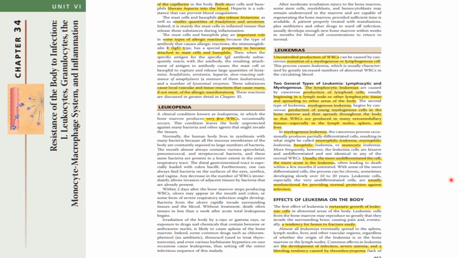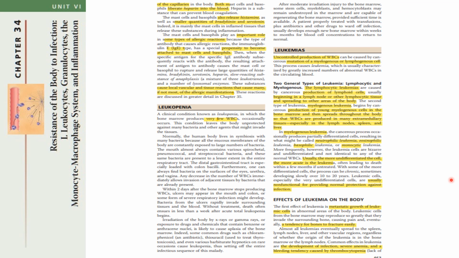In myelogenous leukemias, the cancerous process occasionally produces partially differentiated cells, resulting in neutrophilic leukemias, eosinophilic leukemias, basophilic or monocytic leukemias. Usually, the more undifferentiated the cell, the more acute is the leukemia.